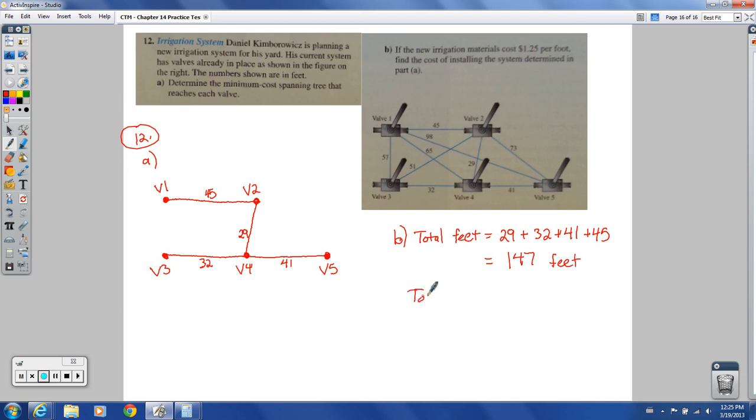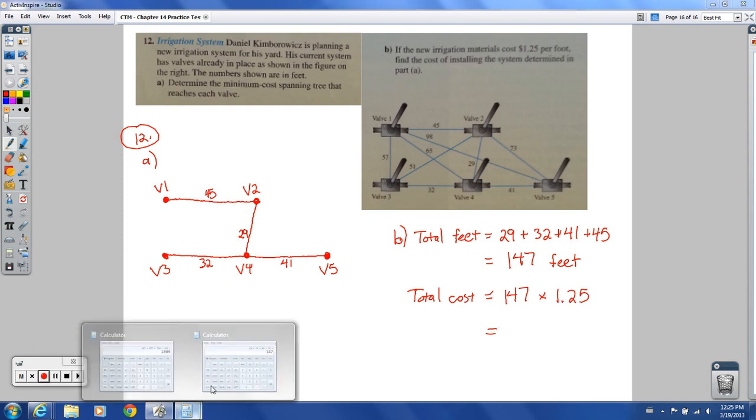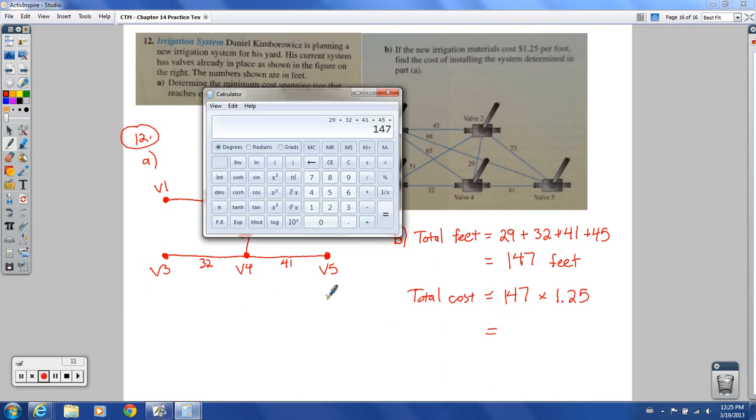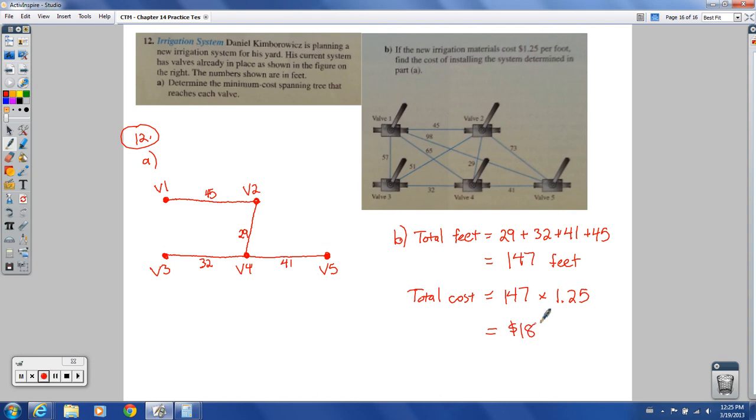So the total cost, I would just take 147 and multiply it by $1.25 per foot, and I get $183.75.